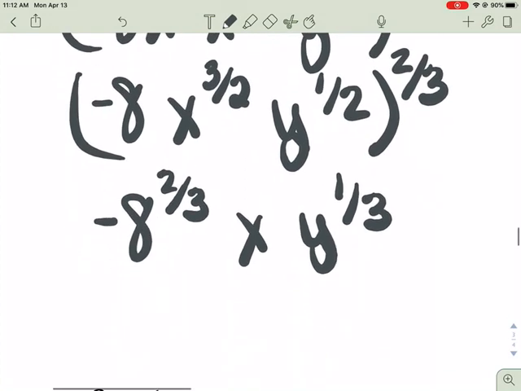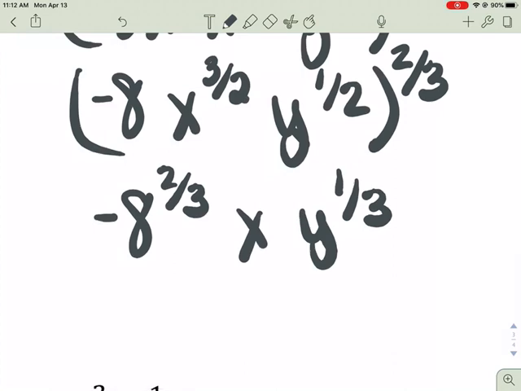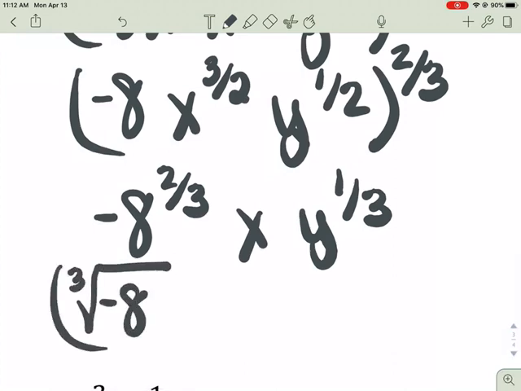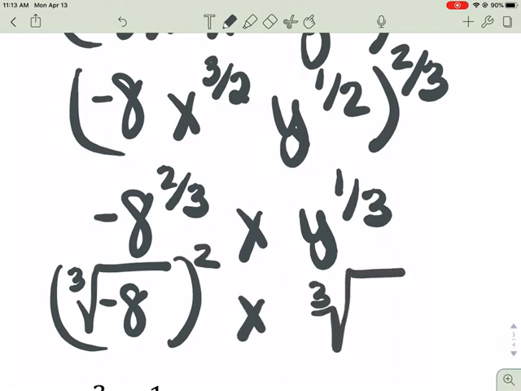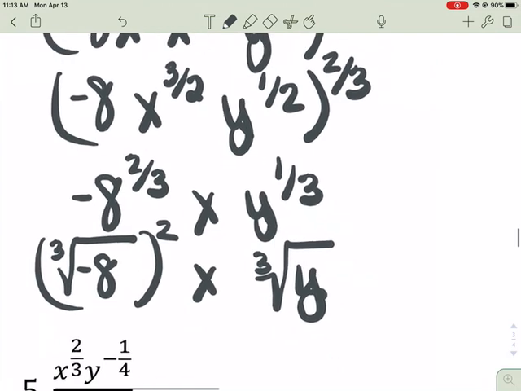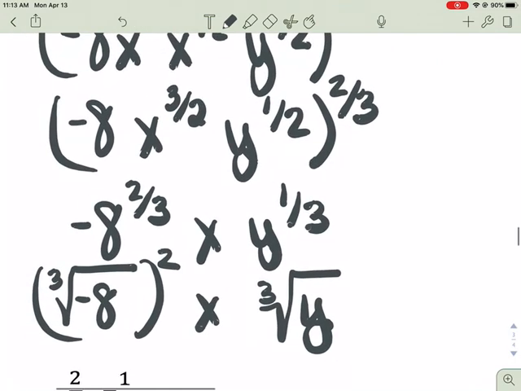Okay, so let's simplify this. We get negative 8 to the 3/2. So that's negative 8 cube root, whole thing squared. I have an x and I have the cube root of y. All right, so let's keep going. I'm running out of room here. The cube root of negative 8 is negative 2, and negative 2 squared is 4.